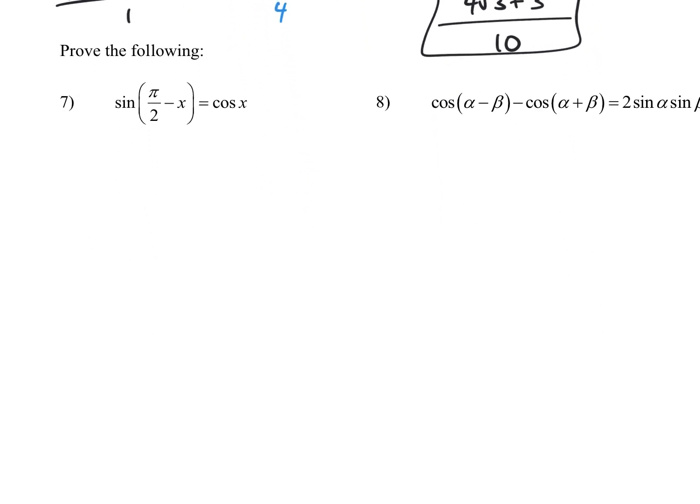There are two proofs here. I do think they're pretty straightforward. I definitely think you should try these on your own. I'm going to pause the video here and just work them out, and you'll be able to check your work against mine. But again, I strongly encourage you to try these on your own first.